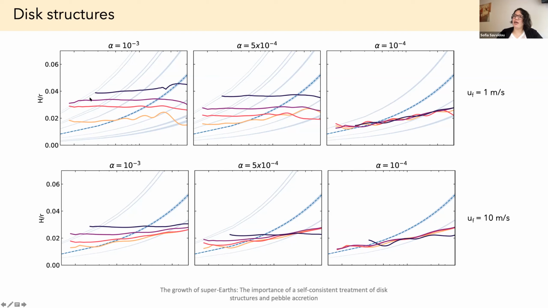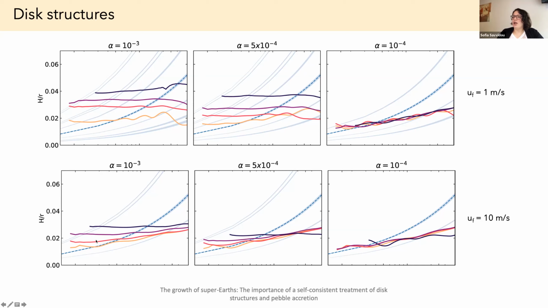And when we have these flat profiles in the aspect ratio, it means basically that the pebble isolation masses, so the maximum mass that the planets can reach, will also be kind of similar within the same disk, so within the same planetary system.